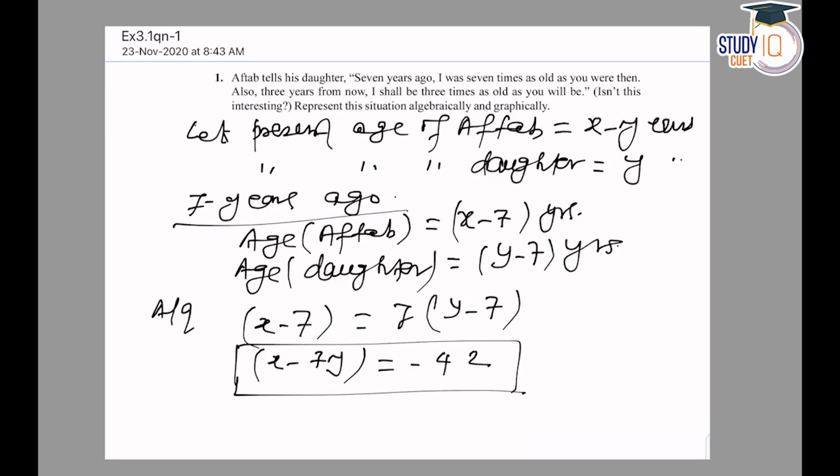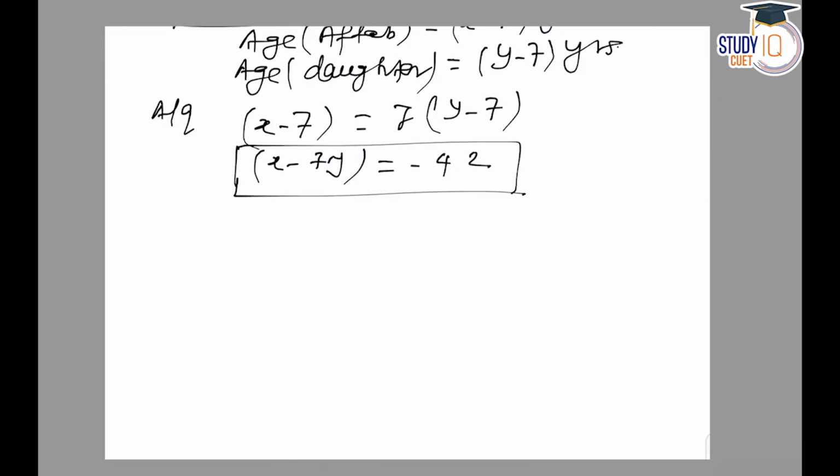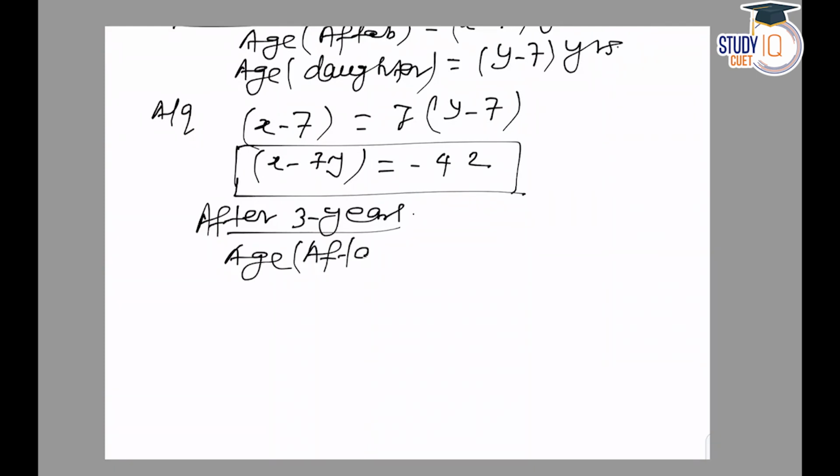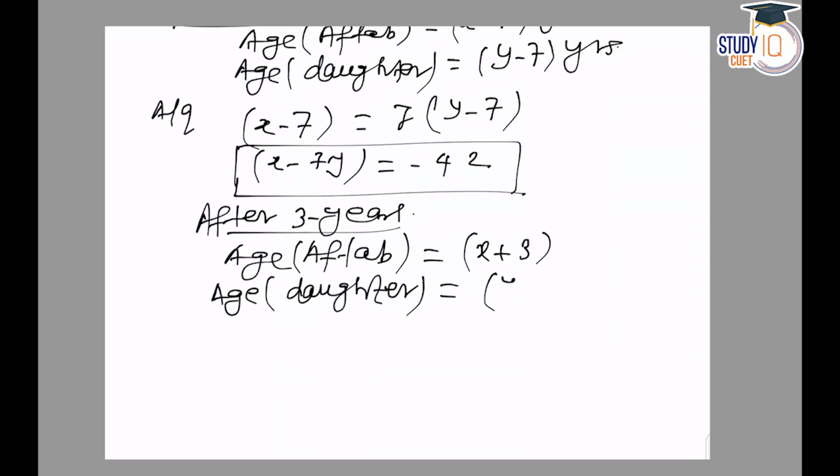Again, the second situation is for after 3 years. So after 3 years, age of Aftab equals x plus 3 years and age of his daughter equals y plus 3 years.